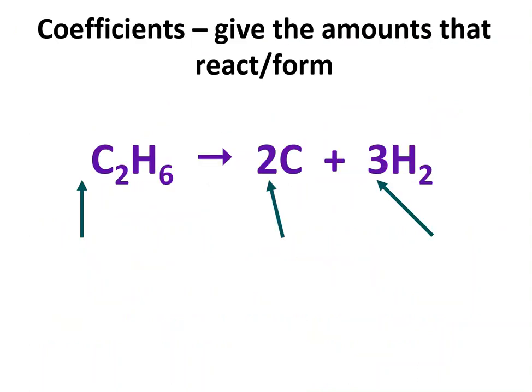Another part to the chemical equation are the coefficients, and these coefficients are the numbers in front. This first one doesn't look like it has a coefficient, but it's understood to be a number 1 there.